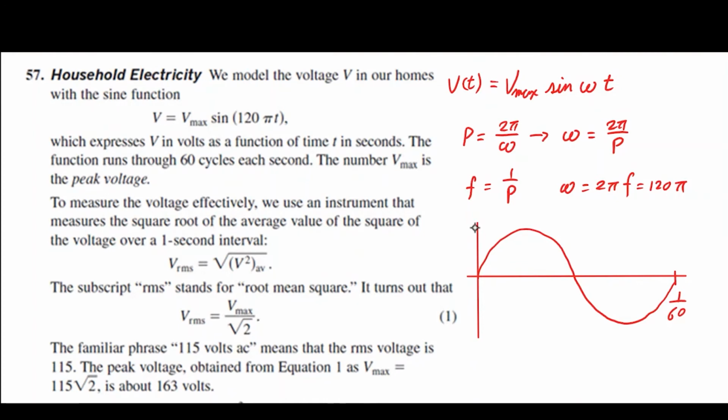And this amplitude is what we are calling Vmax. And that cannot be 115, because then the average value of the function really is a lot lower. So when they say 115 volts, that means the average amount of voltage, so therefore you can calculate the average power. You get it? That's 115. So what is this then?